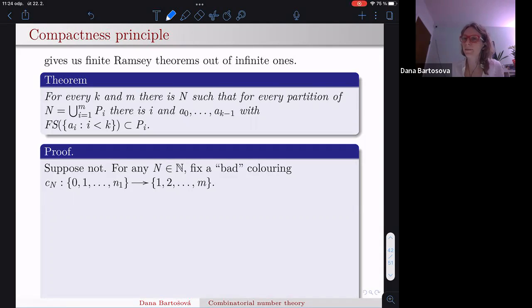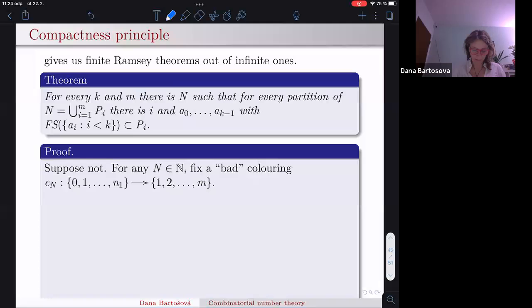And this compactness principle is used all throughout. You might have heard about it in your lectures on model theory, where you can find a model of a set of sentences if and only if every finite segment has a model. So this is in that vein.